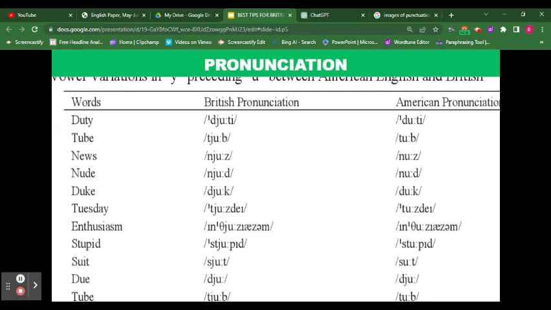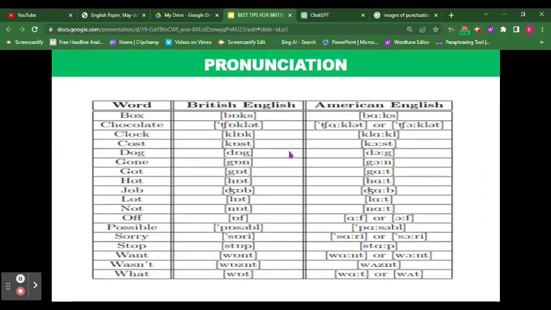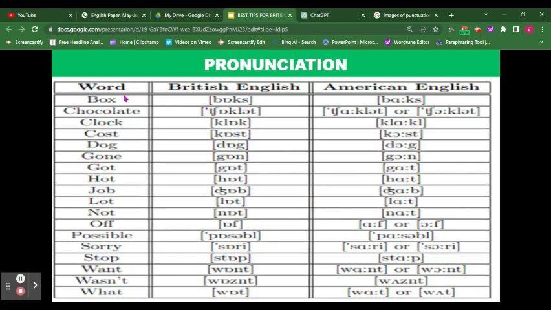Now let's move on. Then we have other words. Box in British is box in American. Chocolate, British. Chocolate, American. Clock, British.